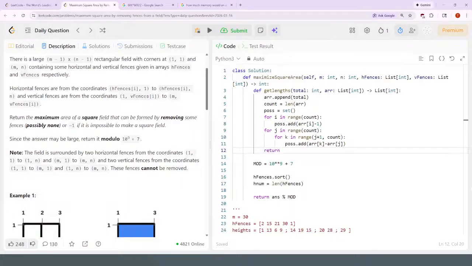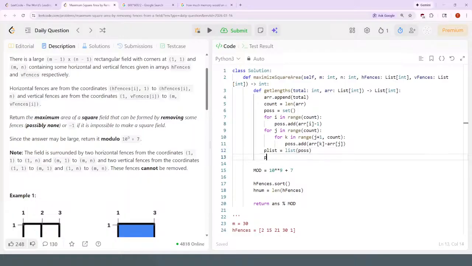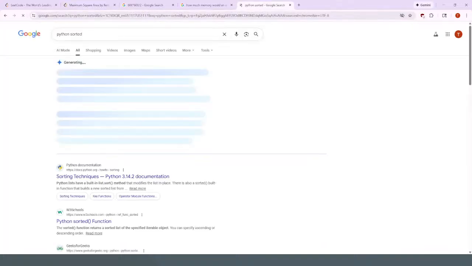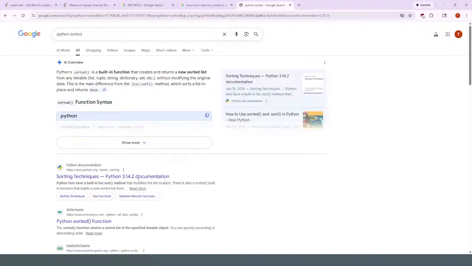And then return, let's say plist is going to be the list based on possible, and then plist.sort. I think I could just use sorted, right? Python sorted is a built-in function that returns a new list based on an iterable without modifying the original data.